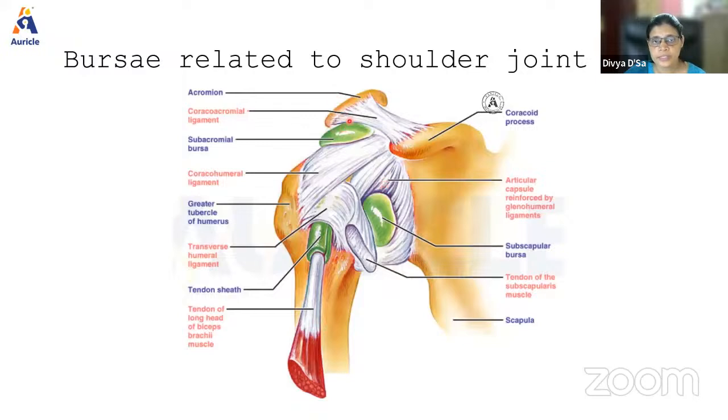Next, coming to the bursae in relation to the shoulder joint. Beneath the acromial process, we have the largest bursa in the body, that is the subacromial bursa. This is the subscapular bursa. And here we have the synovial sheath around the tendon. These are all basically the extensions of the synovial membrane itself.